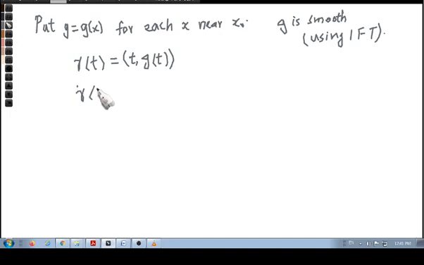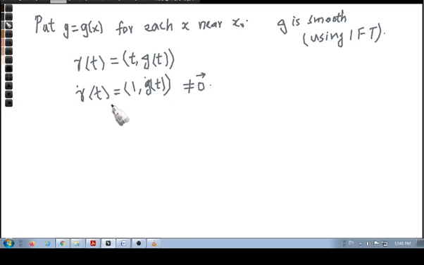Now why is this gamma regular? Because if you differentiate this, gamma dot of t equals (1, g dot of t), that means dg by dt, and this is non-zero. So there exists a regular curve.